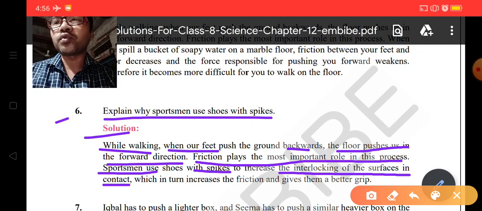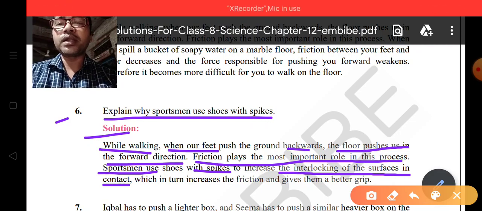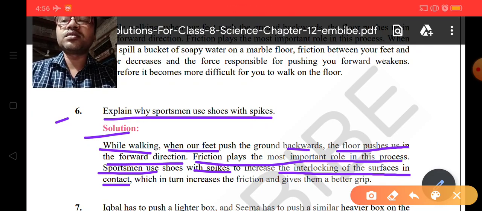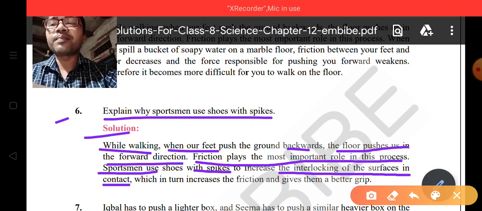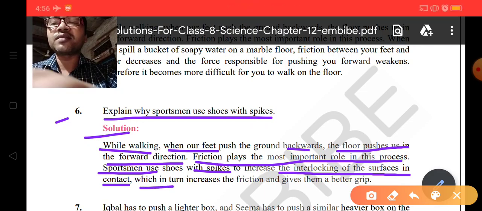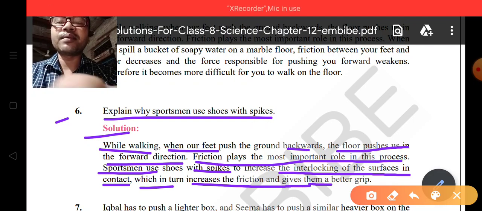If we are able to interlock the surfaces using the spikes of shoes, then there will be less possibility of slipping and the grip will be very high. You can see here, which in turn increases the friction and gives them a better grip.